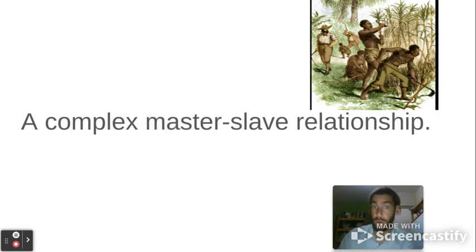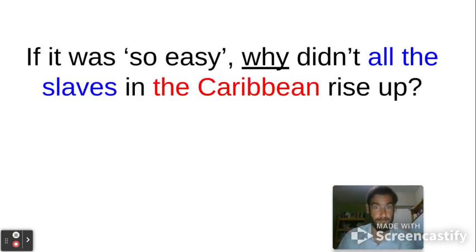So the European colonizers would have wanted it to be like this: a colonizer walking around, the slaves doing their jobs, with corn or with cotton or with sugar, a lot of the times in the Caribbean. But it was much more complex than that. And there are a few reasons for that. We talked about how they were outnumbered, for instance, the European colonizers, so it has to be more complex.